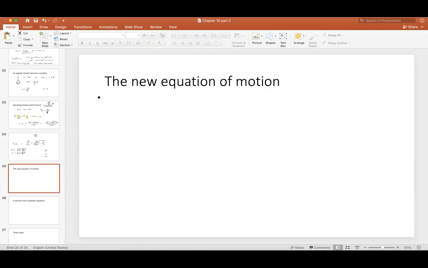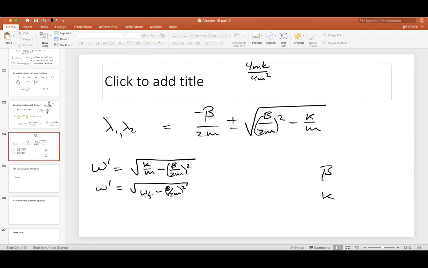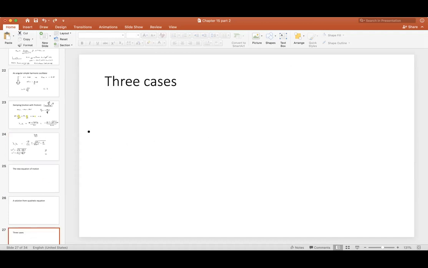The new equation of the motion, just like before, is x of t is going to be, well, it actually depends. So let's skip down to the 3 cases.